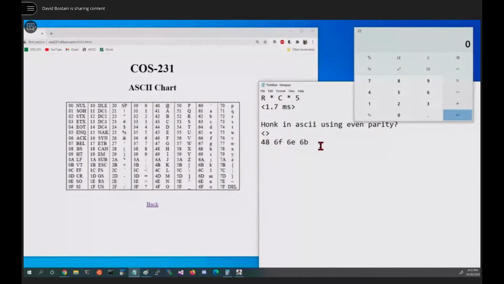Since we've memorized our nibbles, and then double check that I got it right, because I'm doing the same thing you would be doing, just pulling those out of my head. That's a 4, that's an 8, that's a 6, that's an F, that's a 6, that's an E, that's a 6, and that's a B. So I must have gotten it right.